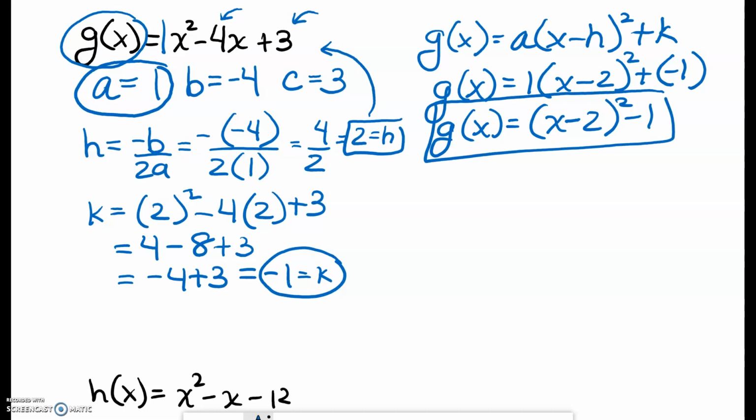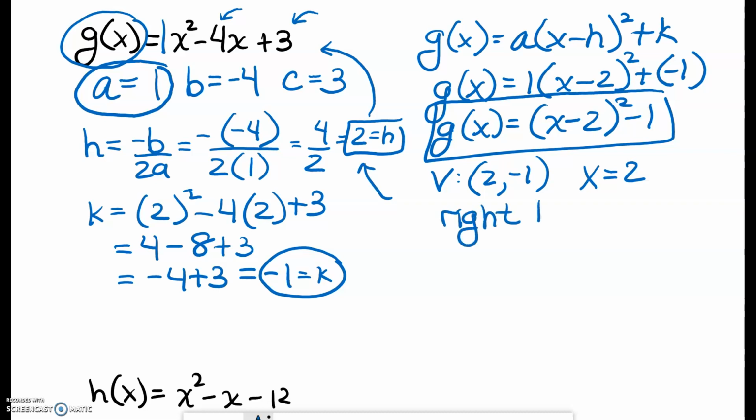All right, so my vertex is h comma k, so it's 2 comma negative 1. My axis of symmetry is x equals h, so it's x equals 2. H is positive, so I'm moving right by 2. K is negative, so I'm moving down by 1.